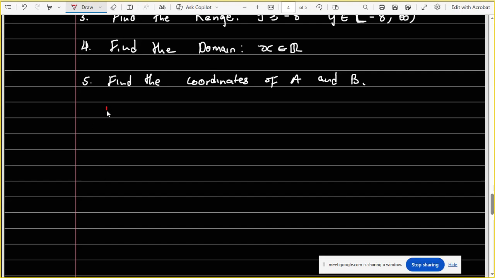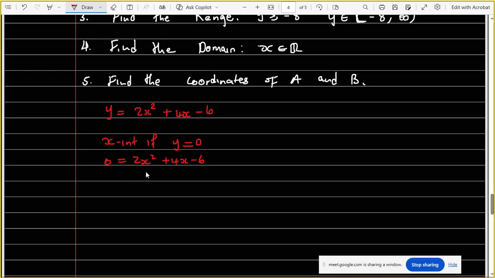So I'm going to say y is equal to 2x squared, then plus 4x, then minus 6. We say these are the x-intercepts if y is 0. So where there's y, we'll put 0 and solve for x.